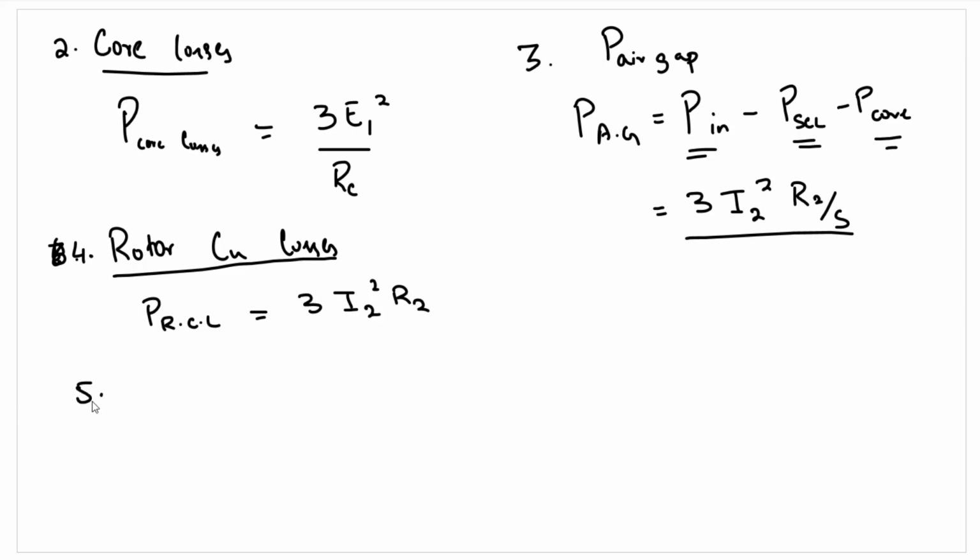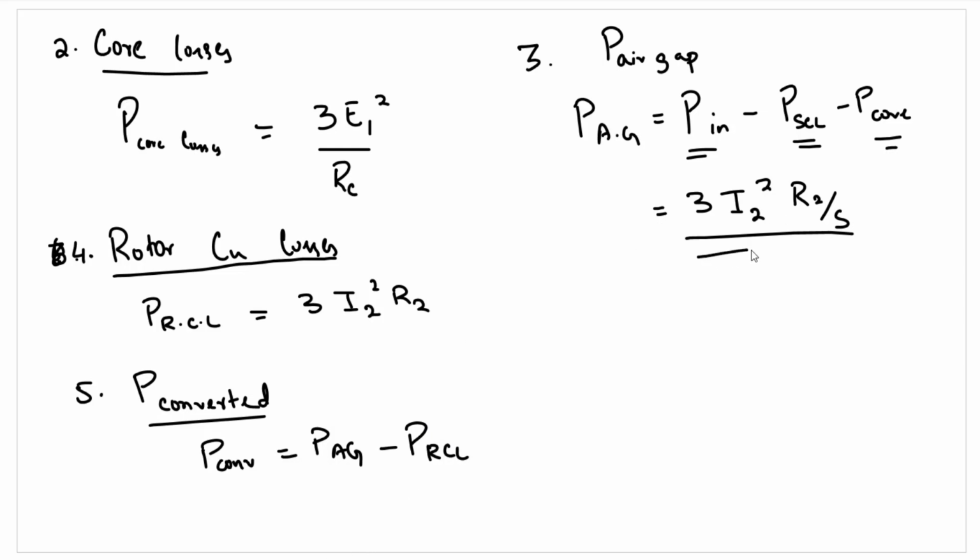Following the rotor copper losses, we discussed that there is the power that gets available to the shaft of the induction motor. It is known as the P converted, which will simply be air gap power minus the rotor copper losses.